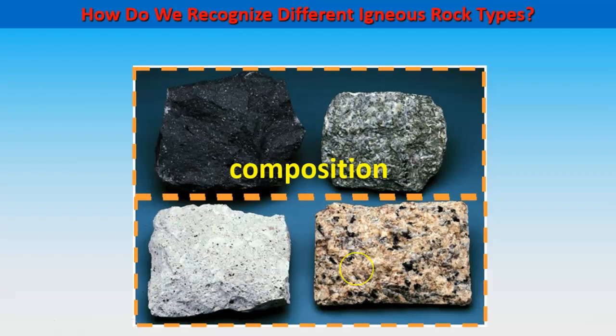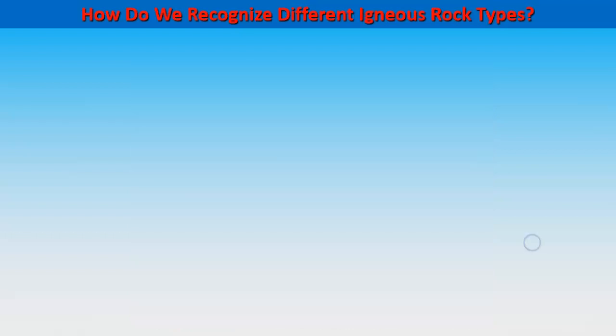And so the color is going to be an indication of its composition. So we can use composition and texture to then name some of these igneous rocks. So you'll need to be able to identify relative color and some different textures to be able to give names to these igneous rocks.